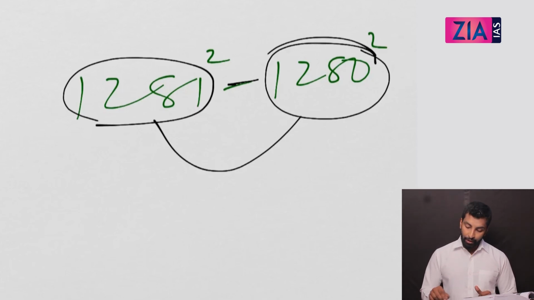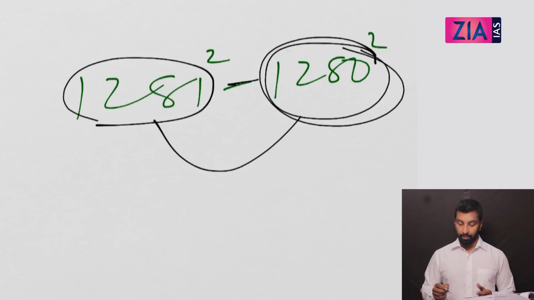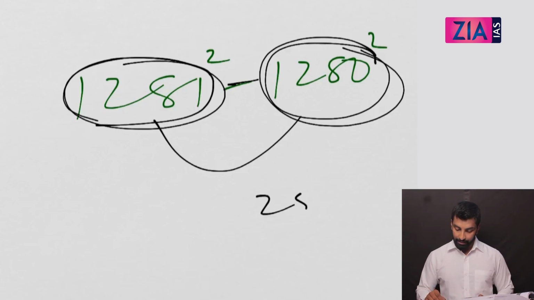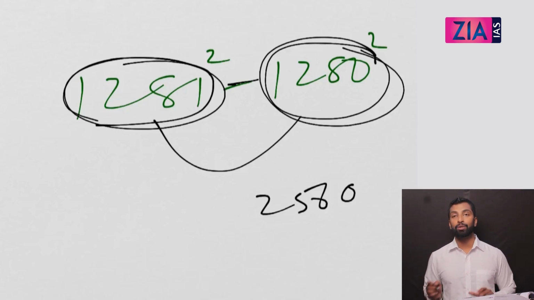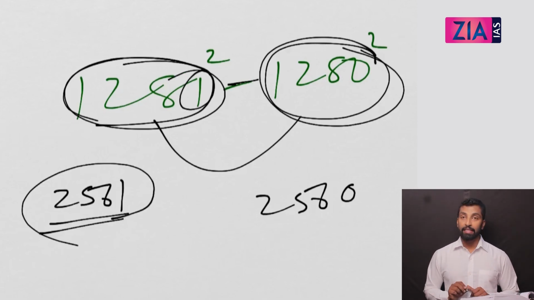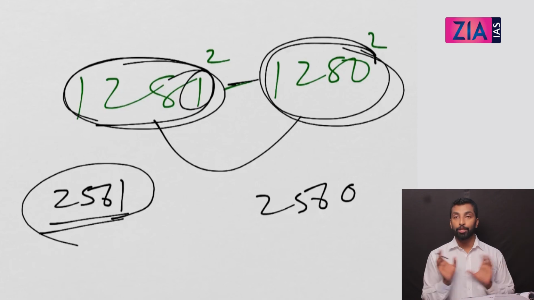You take twice of 1280 and add 1, because I have two 1280s and one extra, right? So 1280 twice, 128 twice is 256, so 1280 twice is 2560. But this one I need to add, so my answer is 2561. So what is 2561? The difference between these two squares, 1281 square minus 1280 square.